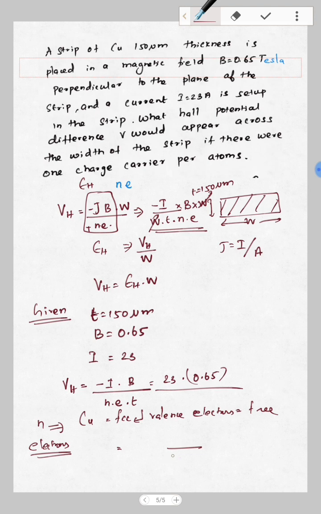if I take the lattice constant, as given in the previous problem, A is 0.360 nanometer.